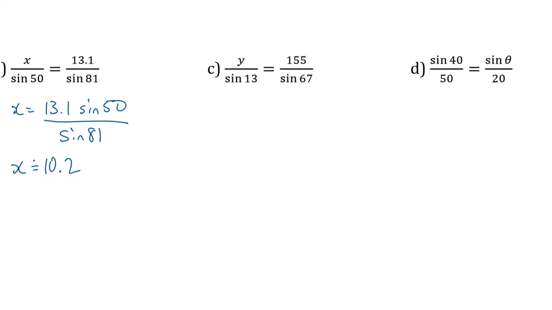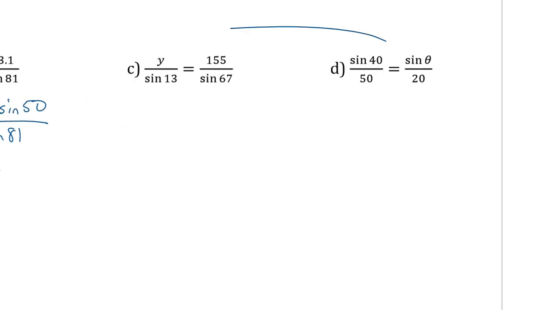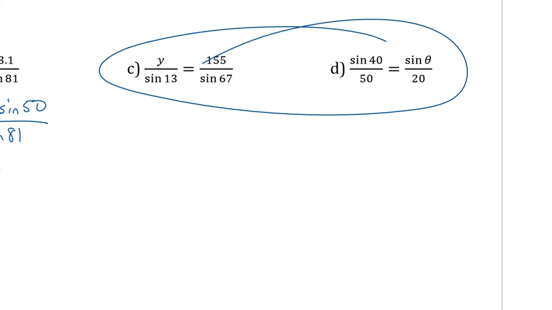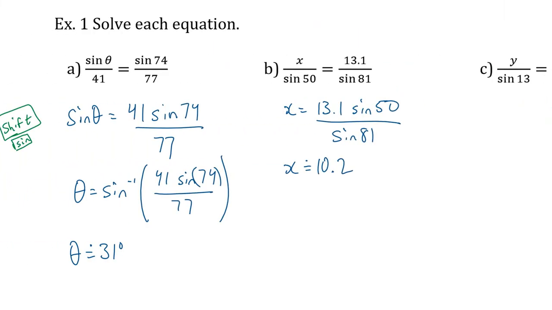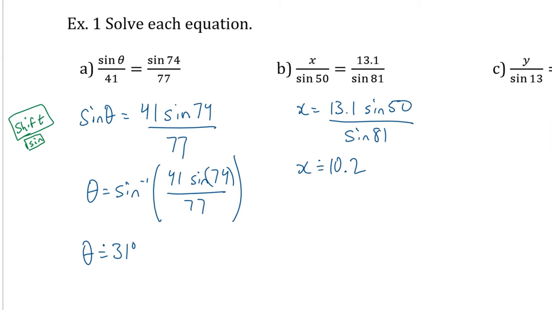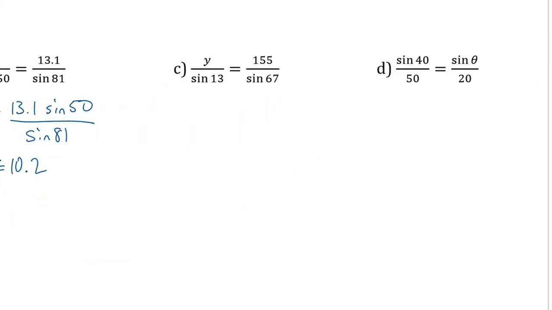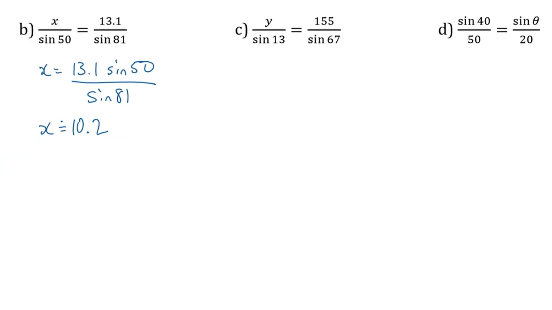This is where I usually take a break and ask you to try it yourself for C and D, and I walk around and I make sure that people are doing it correct on their calculator. So what I would encourage you to do is pause the video, try this one on your calculator, try to get 31, try this one on your calculator, try to get the 10.16 or 10.2, and then try these two, and then look at my answers and hopefully you get the same thing.